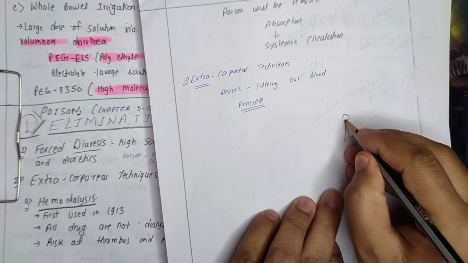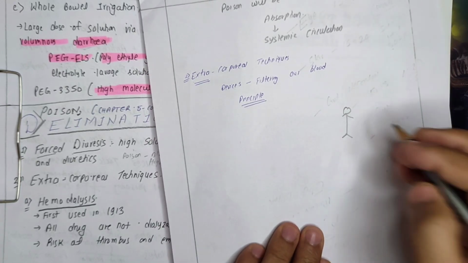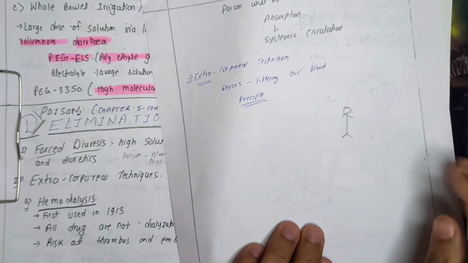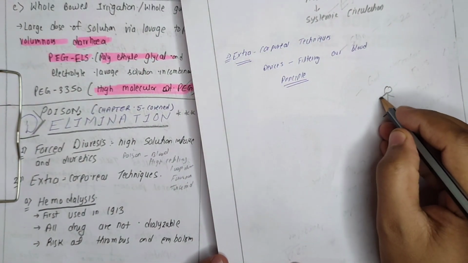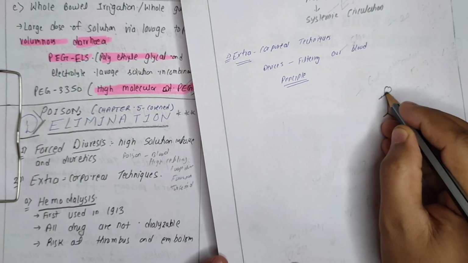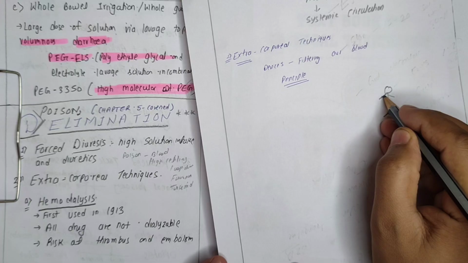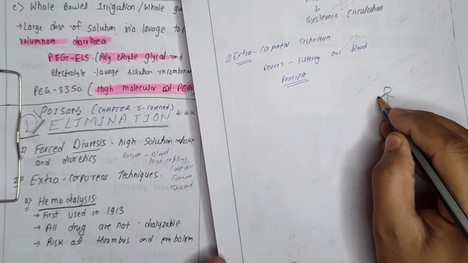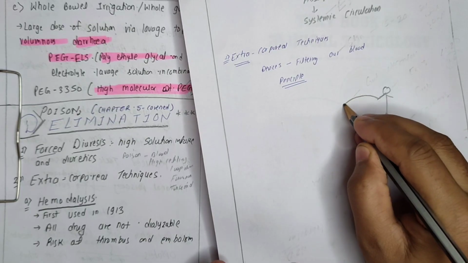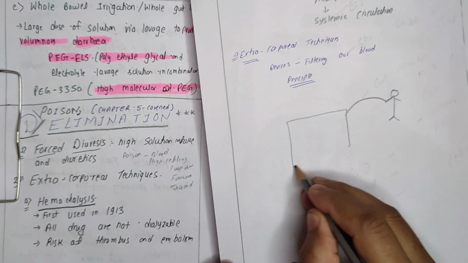Let's say this is one victim, intoxicated with poison substances, and the poison is in the blood circulation. In hemodialysis, we access the blood supply of this person. Then we develop a graft in his body from where the blood is taken out into the device. Let's assume this device is the dialysis device.